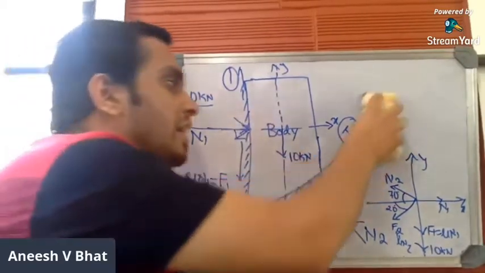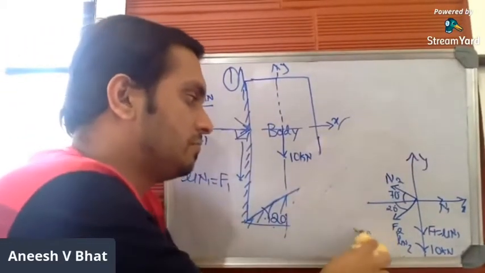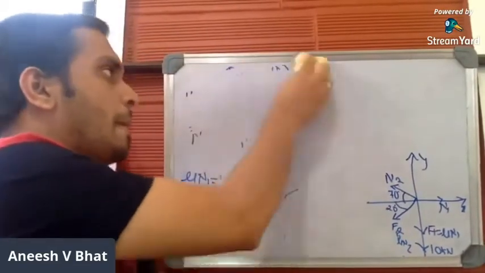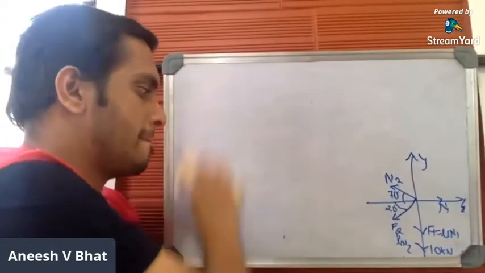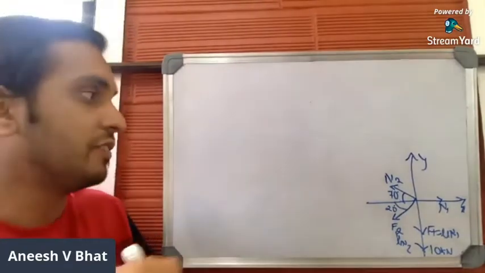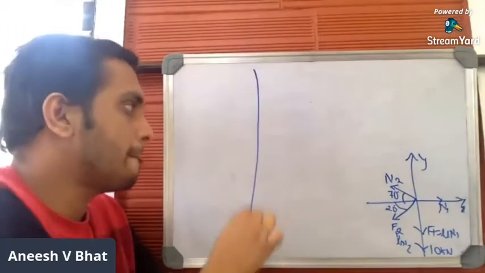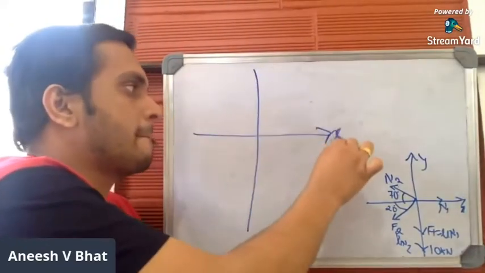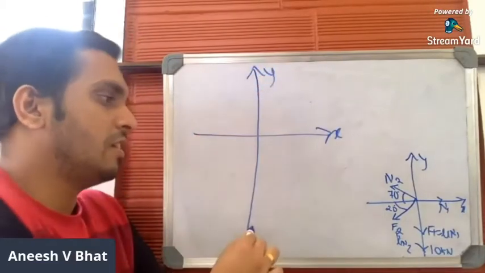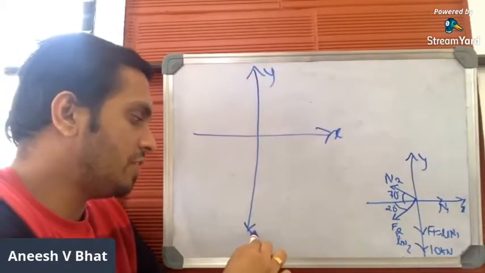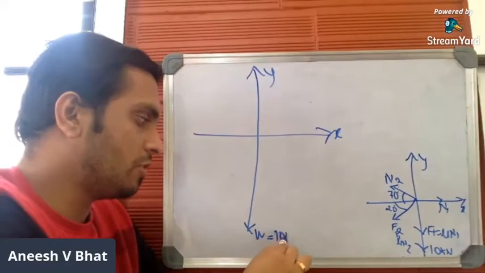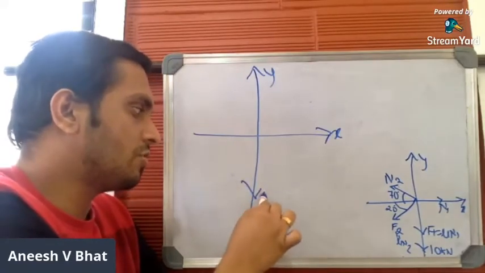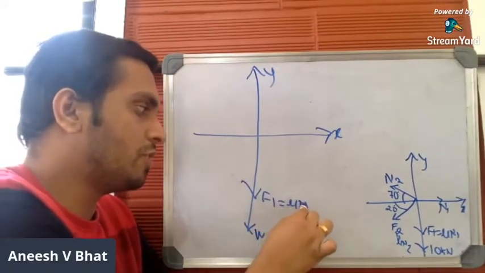Let me magnify and draw the same free body diagram for your reference. So this will be the self-weight W, which is equal to 10 kilonewton. And this is F1, which is equal to mu into N1.